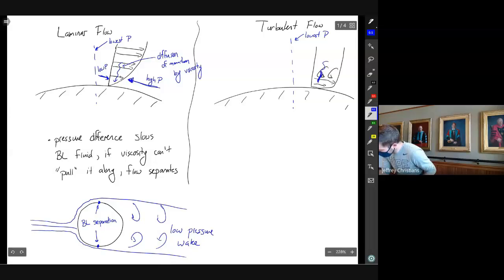I'll try to draw this as a thick squiggly line. So we still have low pressure behind and high pressure above.